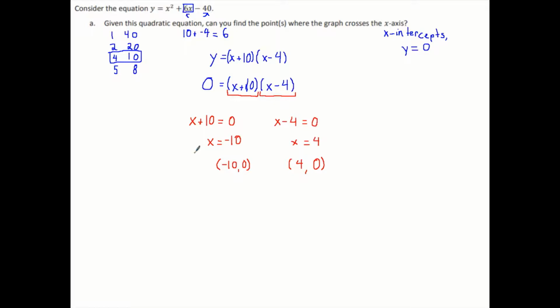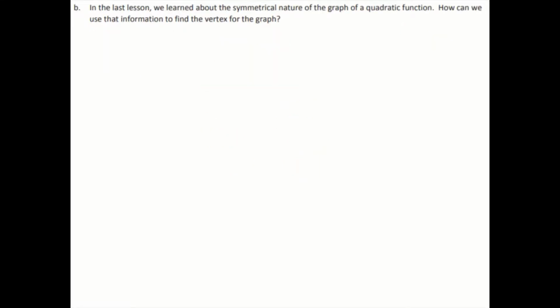Now, the good news is, since I have my equation here, and I have these 2 points, we could talk about this. In our last lesson, we learned all about the symmetrical nature of our graph, how it's reflected along a line of symmetry. How can we use that information to find the vertex for our graph?